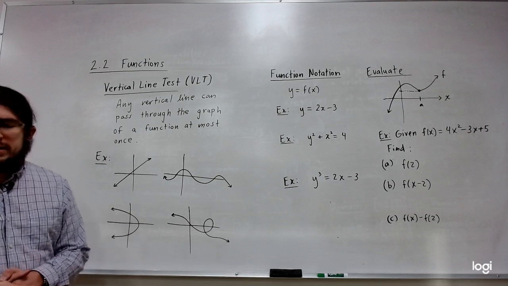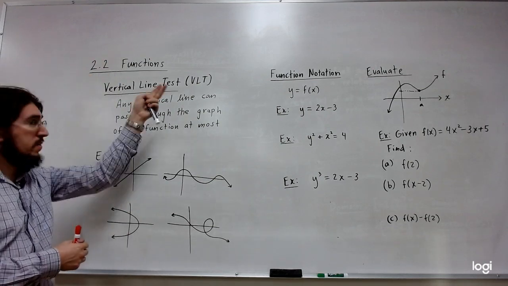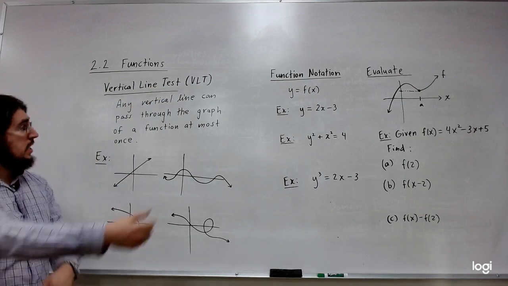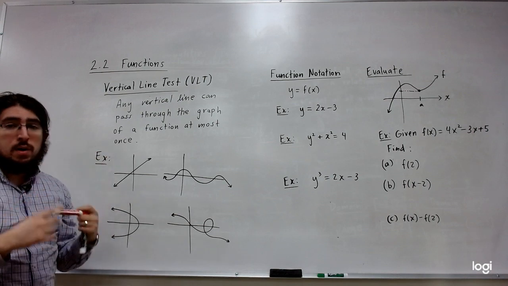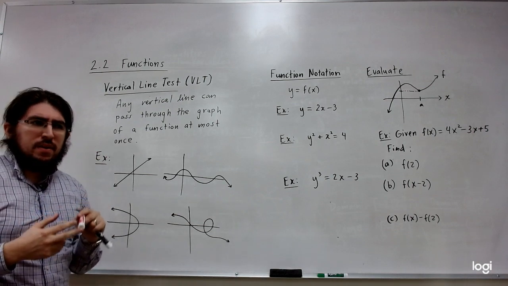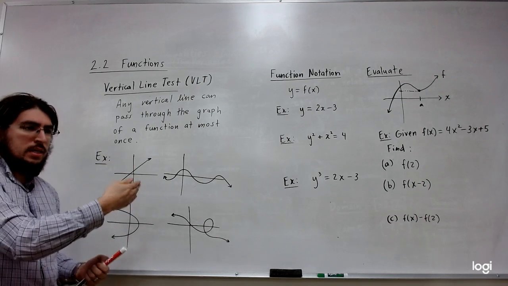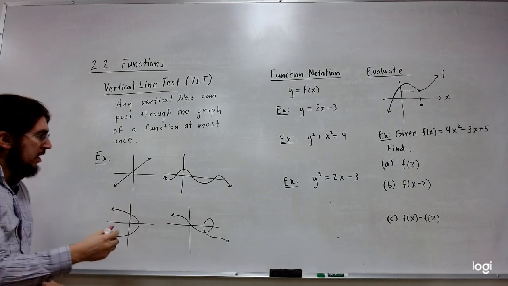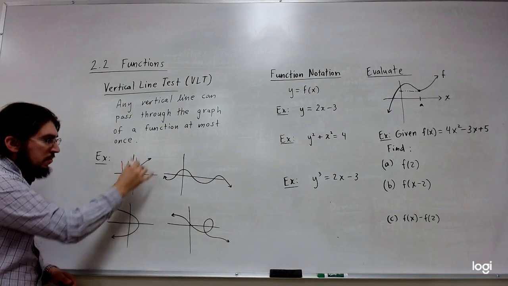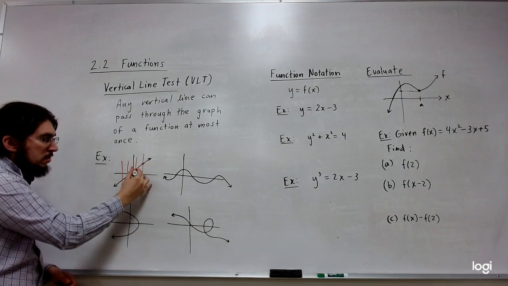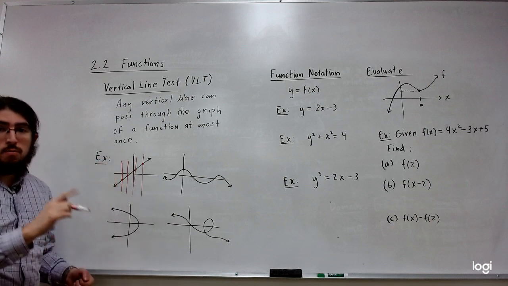Okay, so generalizing what we saw earlier, this is what is called the vertical line test, or VLT for short. And it says the following. It says that any vertical line can pass through the graph of a function at most once. Meaning you can tell if a graph is a graph of a function just by passing a bunch of vertical lines through it to see if it passes through more than once. Here, for this line with positive slope, passing any vertical line through this only intersects the line once each.